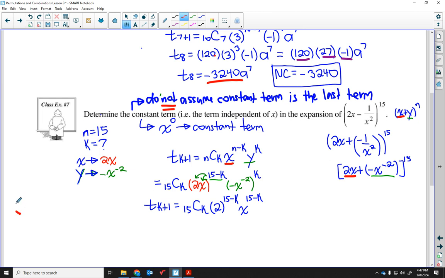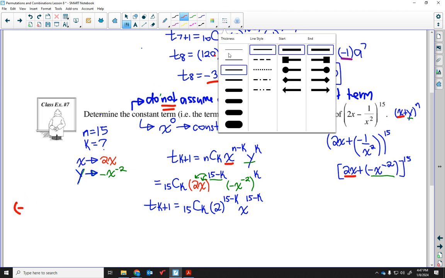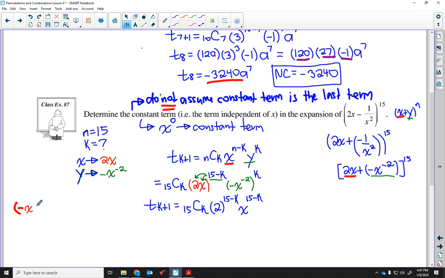If you have negative x to the negative 2, to the power of k, an equivalent way of writing this is square brackets, negative 1, and then x to the negative 2, and then all to the power of k.